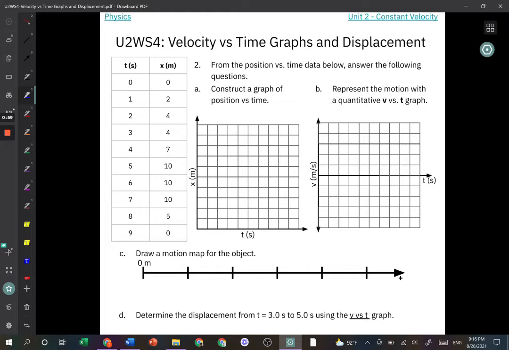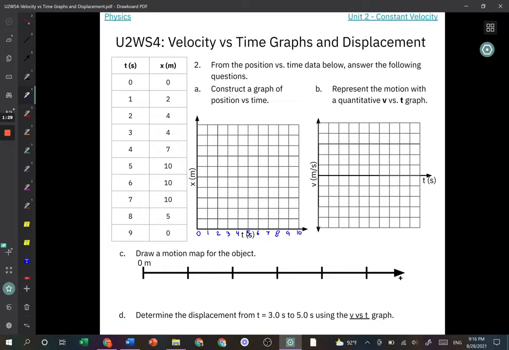So on my x-axis, 1, 2, 3, 4, 5, 6, 7, 8, 9, 10. So there are 10 boxes on my x-axis. Now because I'm going up to 9 seconds, it probably makes sense to go in increments of 1: 0, 1, 2, 3, 4, 5, 6, 7, 8, 9, and then 10 for my last time, which will be measured in seconds.